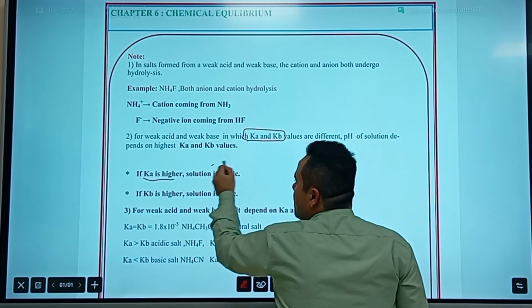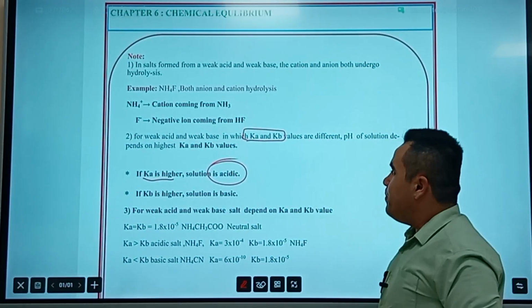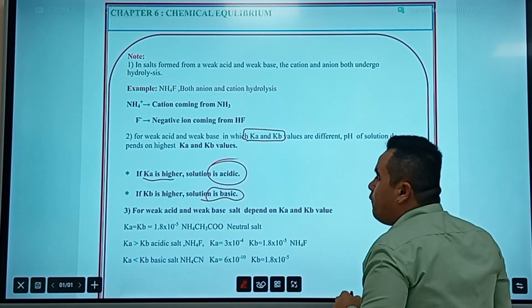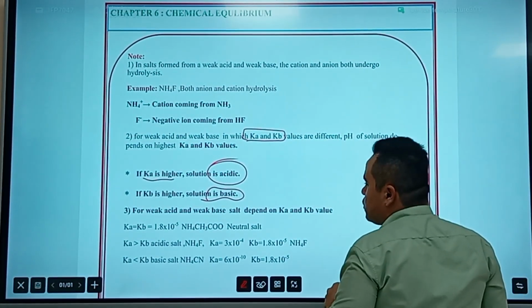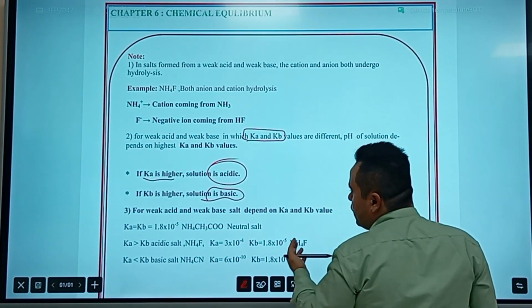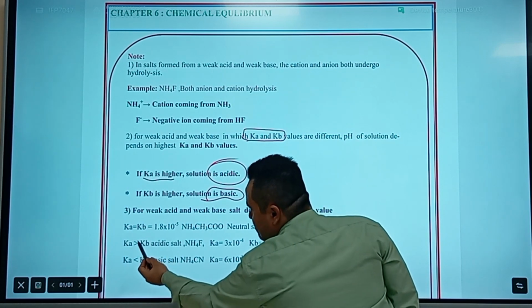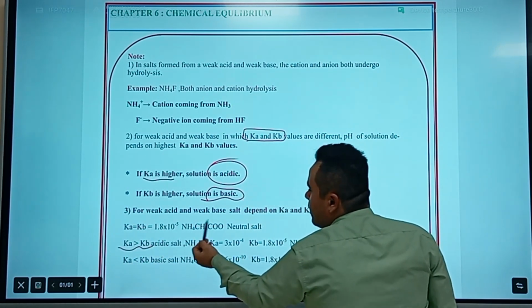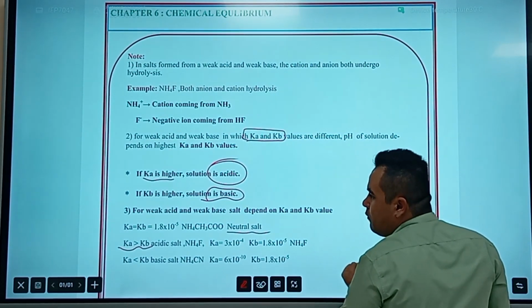If Ka is higher, it will be acidic. If Kb is higher, it will be basic. For weak acids and weak bases, the salt depends on the Ka and Kb values. When Ka and Kb are equal, it will produce a neutral solution.